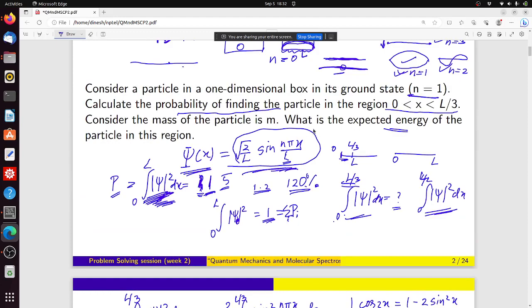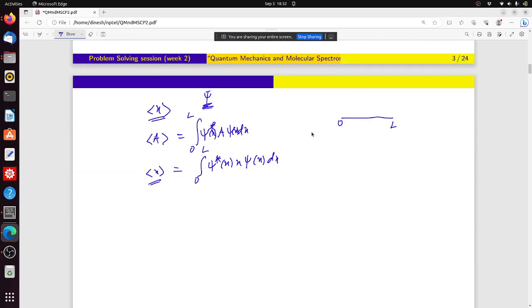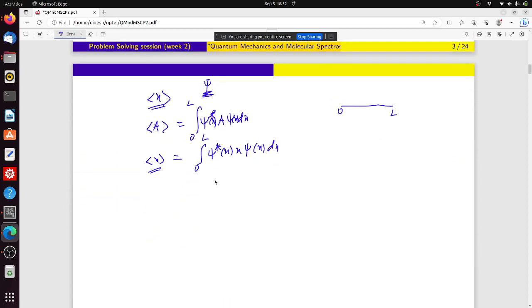But we are not asked this position, we are asked the expected energy in this region, meaning 0 to L by 3. Okay, so energy expectation. What is the operator for energy?